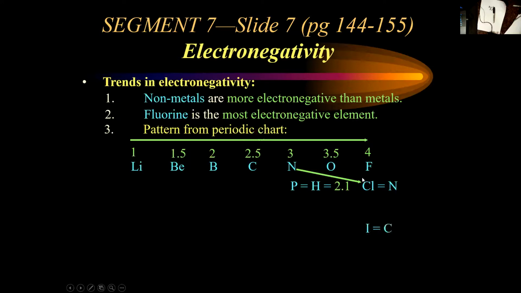Now, if you look at iodine, it's the same as carbon. So now I'm skipping one here. I skipped one up here. I'm skipping one here. The next element is the same, so iodine is the same as carbon.